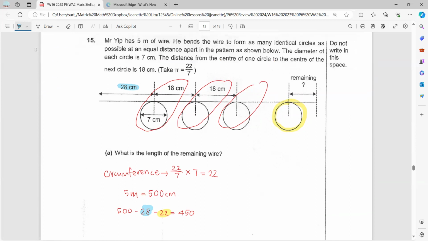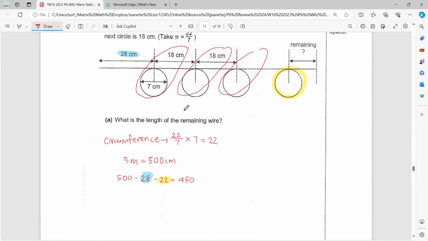Okay, since they said that he used the wire to form as many identical circles, right? You want to find out what's the maximum number of groups that you're going to have. And then whatever that is left will be this remaining amount. So let's find one group first. One group is made up of a circumference plus 18. So every group is 40 cm long.